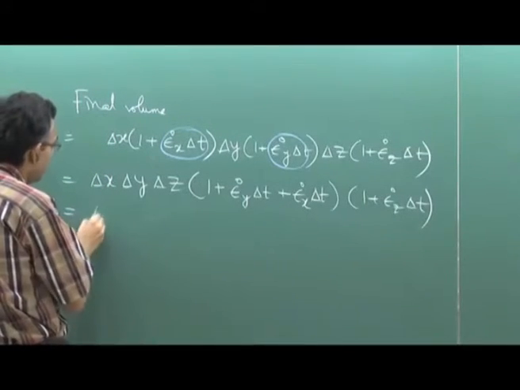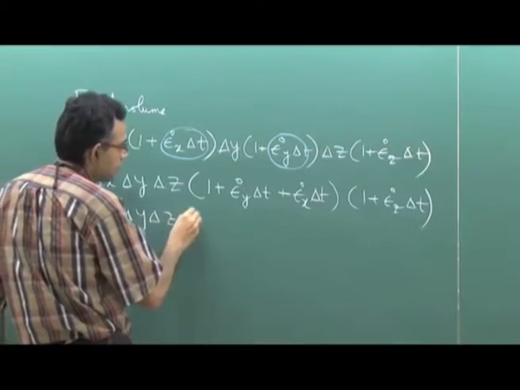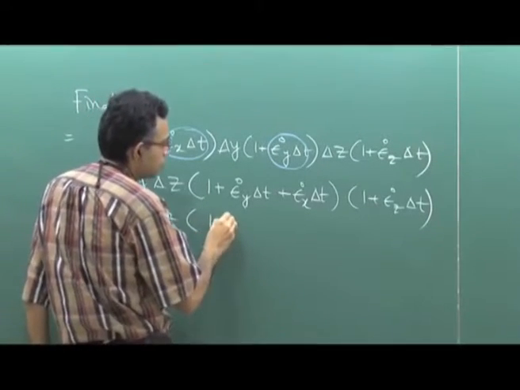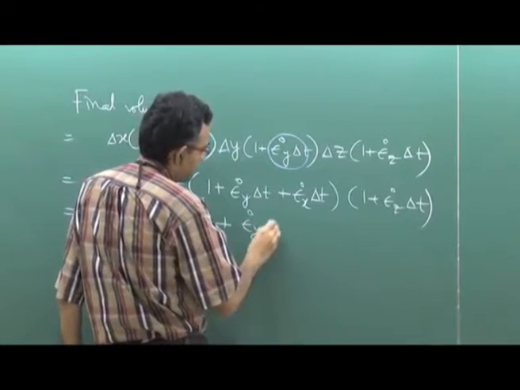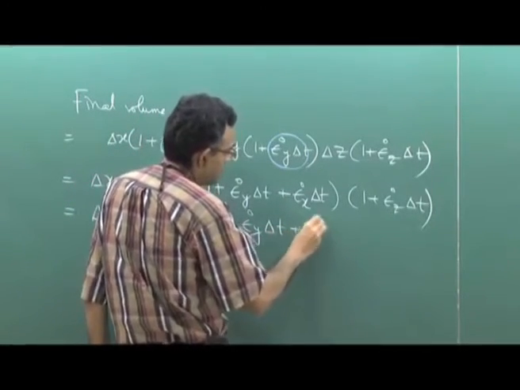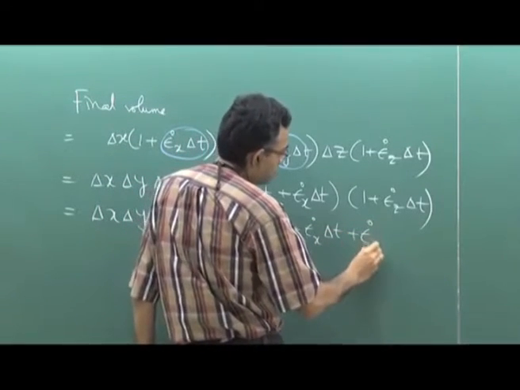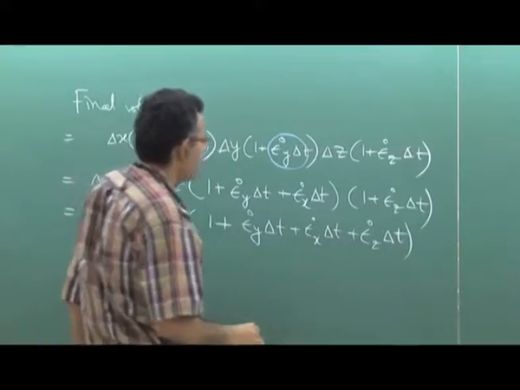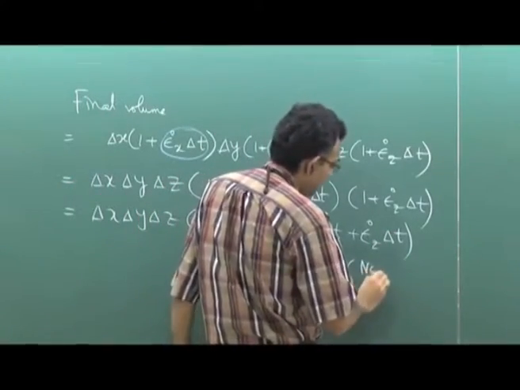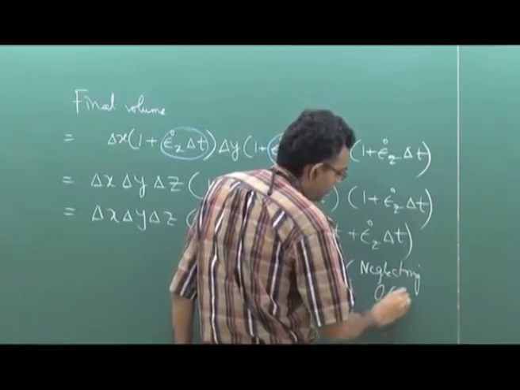Again we can do one more step. So, all these are neglecting terms of the order of delta t square.